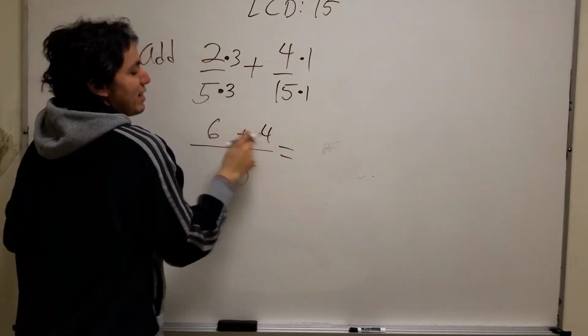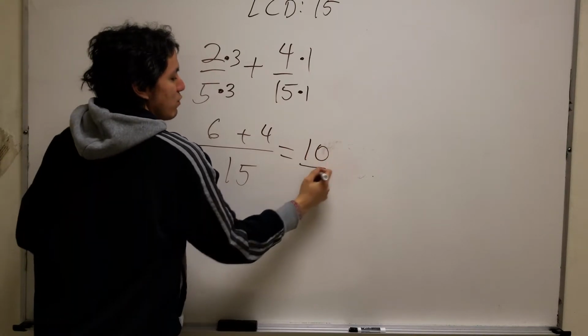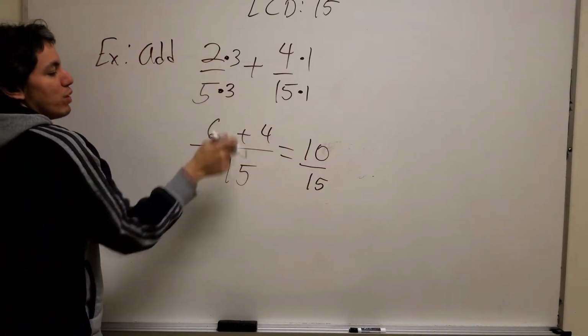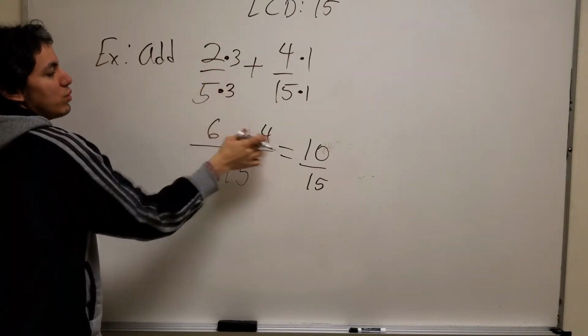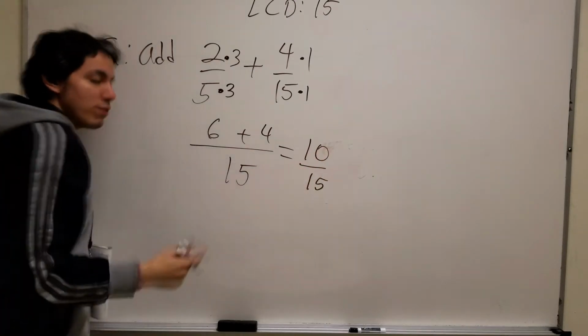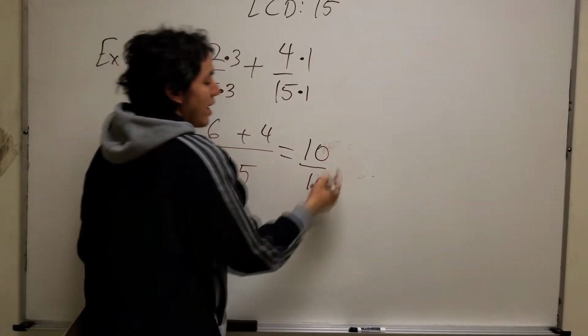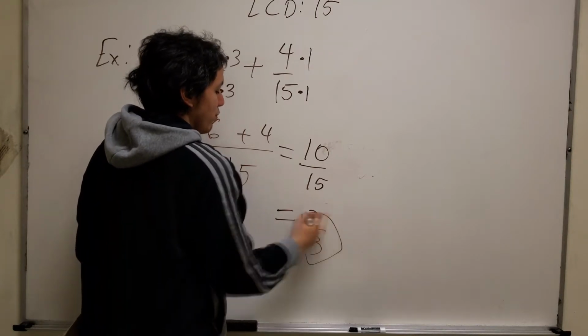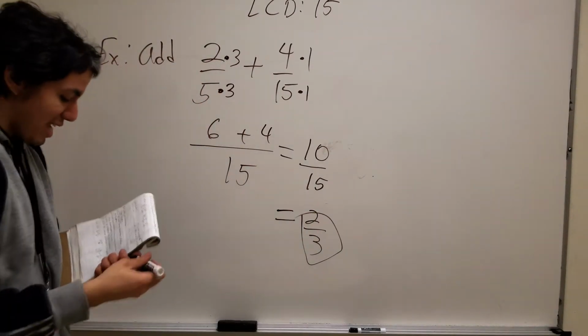I add these two, I get 10 over 15. Now we're in step 4. So we did step 1, then 2, and then 3, you add them, and then step 4, you have to now simplify. And I know 5 can go into both these two numbers, so I'm left with 2 over 3 as my final answer.